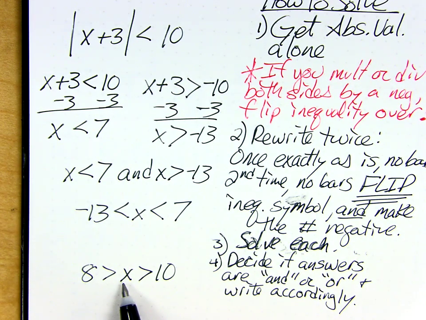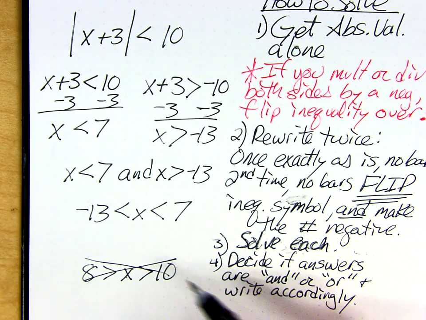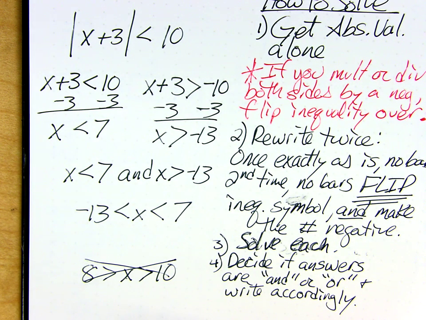Because look at what it's saying. This is saying that this is a number that's less than 8 that's also greater than 10. Right. That's not true, and that's impossible. So you can't ever give me an answer like that. So that would be an or. Yeah, I don't know. I'm just looking at another possibility of helping them determine.